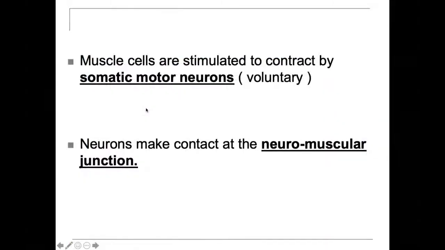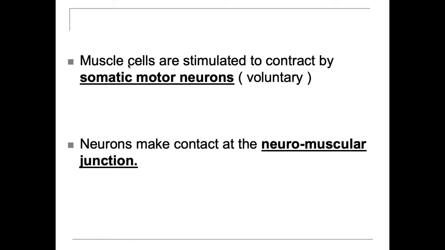All right, let's talk about the NMJ, or the neuromuscular junction. First off, muscle cells have to be stimulated to contract. The nerve that goes to the muscle is referred to as a somatic motor neuron.